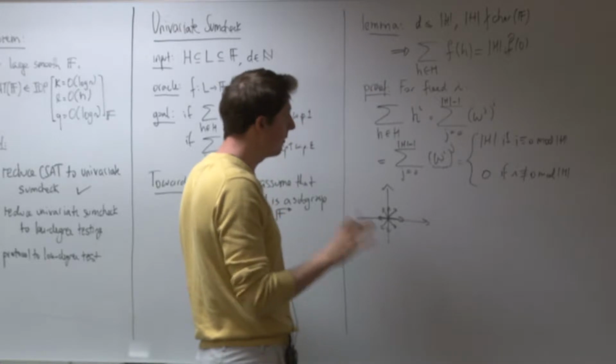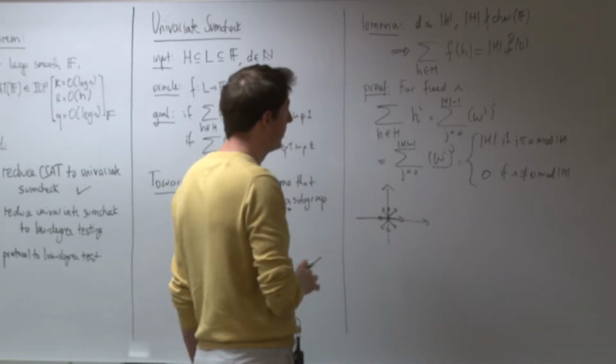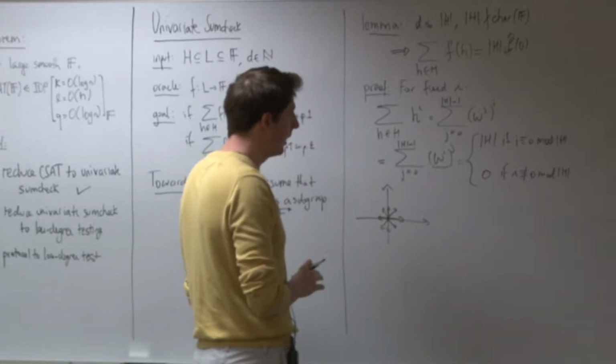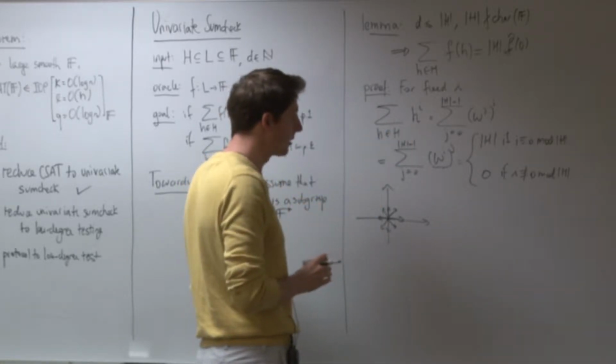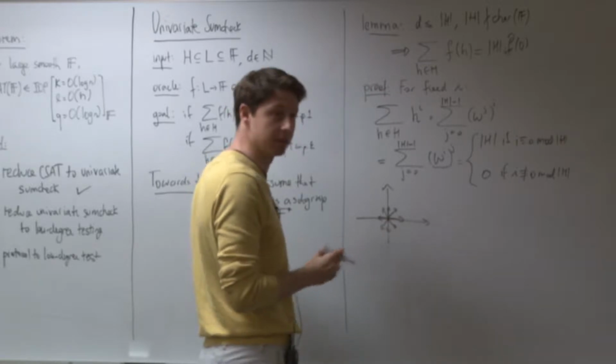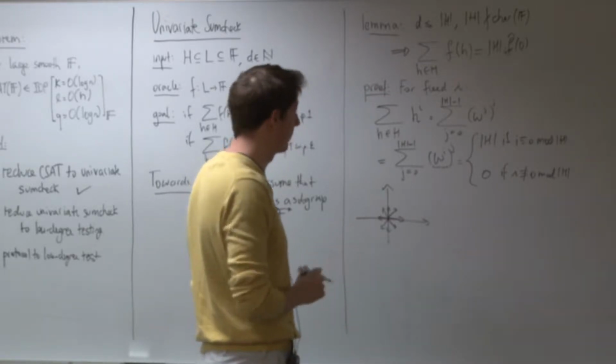It's basically saying whenever you have a non-zero monomial, x to the i where i is not 0, then you get 0. If it is 0, then you get h. Okay?